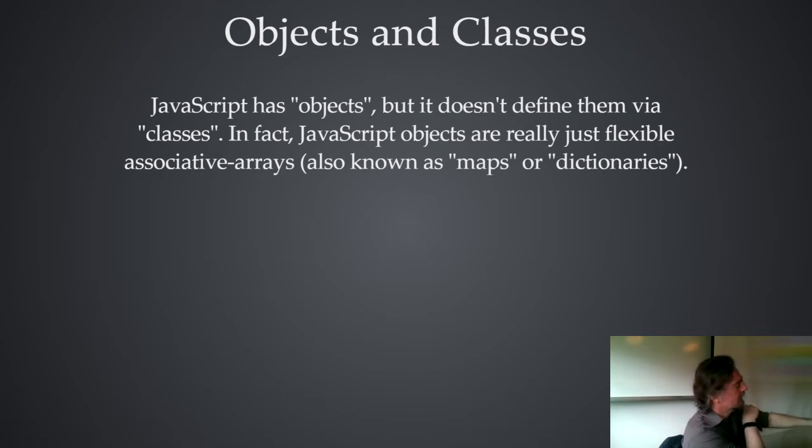It's worth realizing that object orientation does not imply classes. It's probably true to say that most OO languages do have classes, but it is not the definition of object orientation to have classes. The definition of object orientation is to have objects and a notion of message passing between the objects. And you can do that without classes. JavaScript actually got its idea from a language called Self.